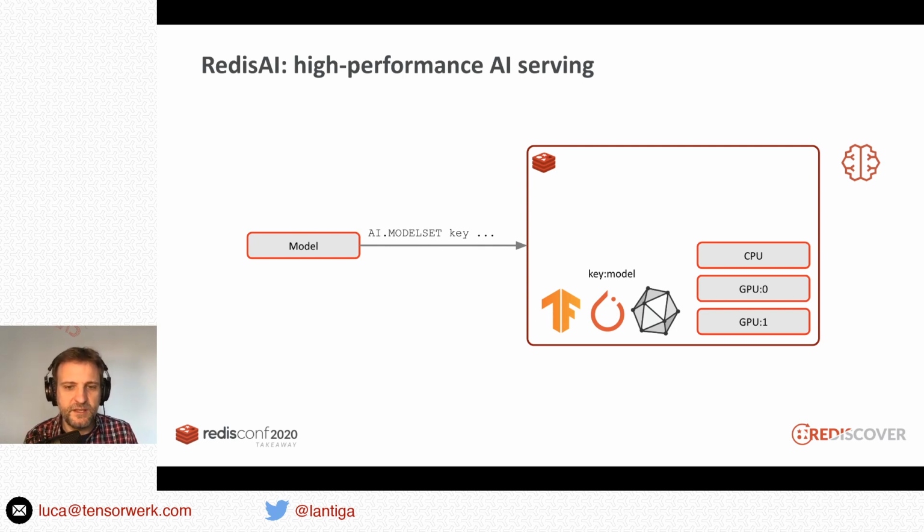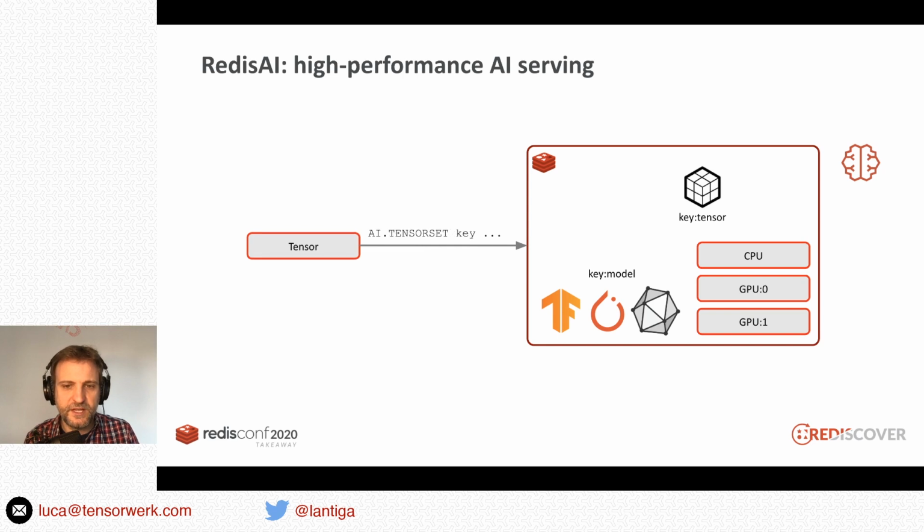The model can be represented or exported as a TensorFlow graph, a PyTorch program, or an ONNX protocol buffer. ONNX is an interchange format for machine learning and deep learning computations. And we support all three.